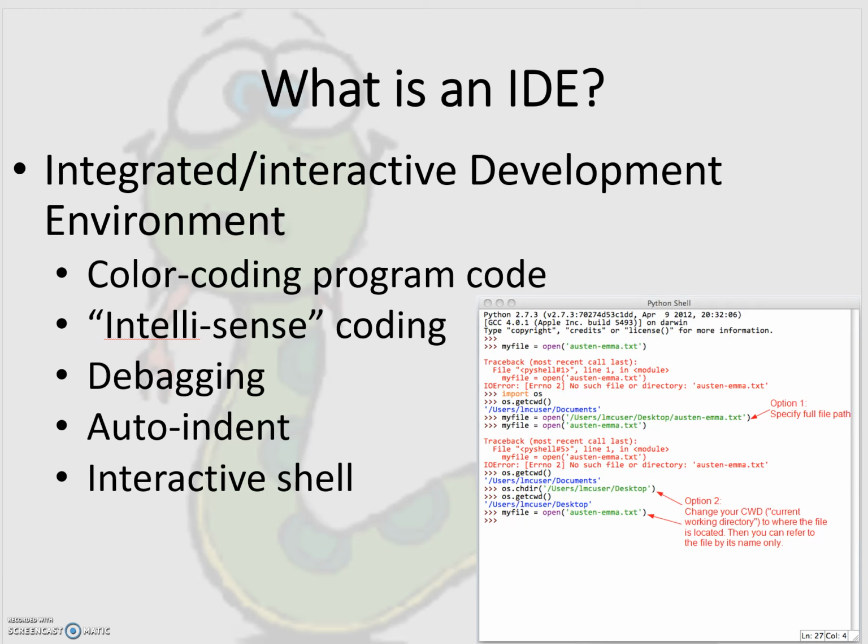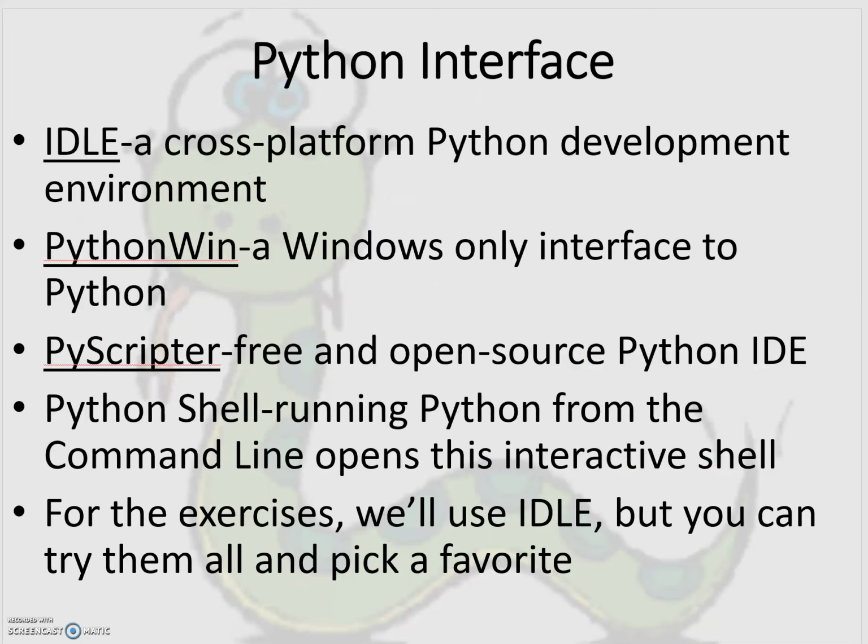So hold a tab for hinting. Comments are red, strings are green, keywords are orange, and output is blue. The colors are kind of different from ArcGIS that we did previously.